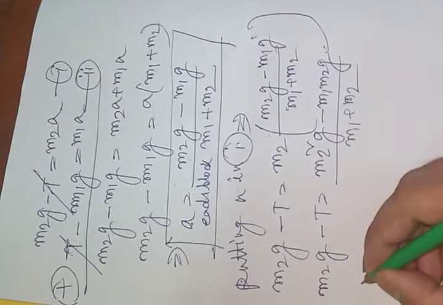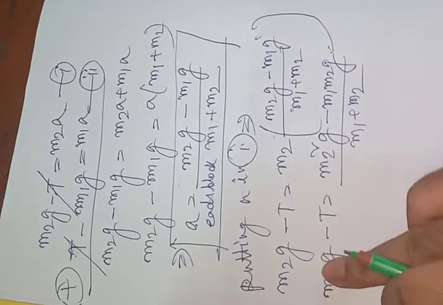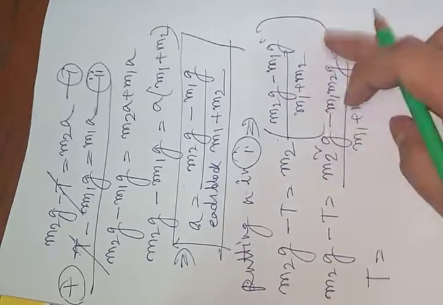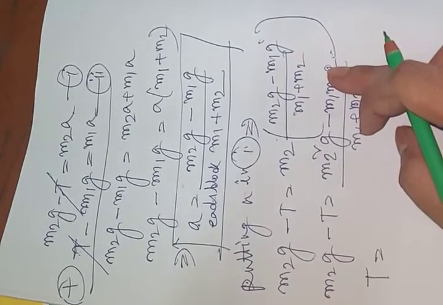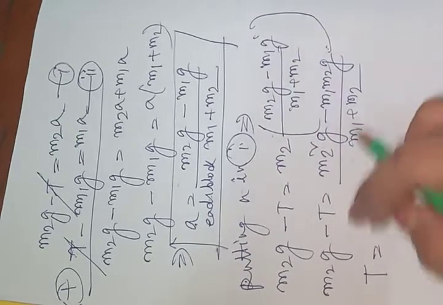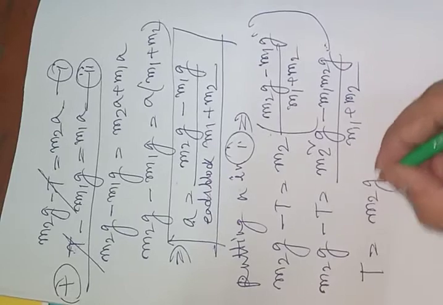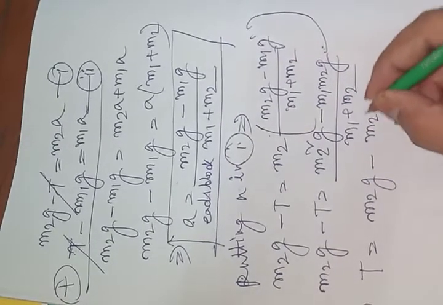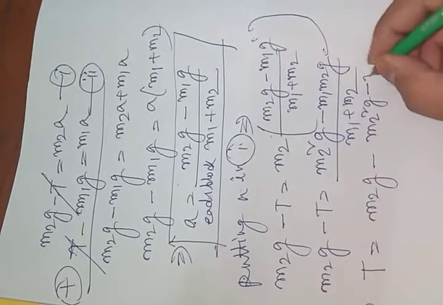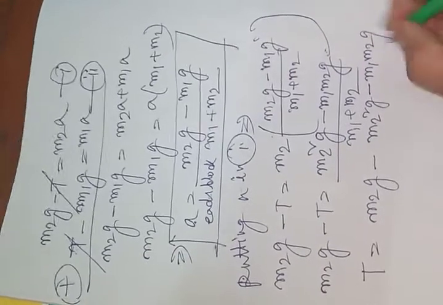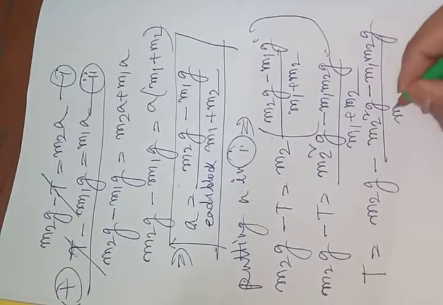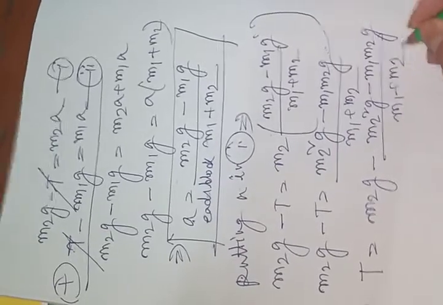So if you want the value of T, this will go here, m2g will go rightwards, and so we are going to have m2g minus (m2 square g minus m1 m2g) divided by (m1 plus m2).